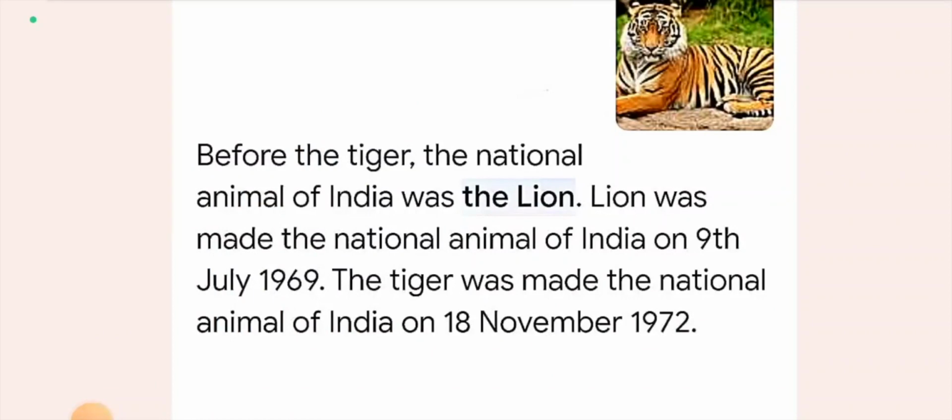The tiger was made the national animal of India on 18th November 1972. So before 1972, lion was the national animal of India, and from 1972 onwards, the Royal Bengal tiger came to be known as the national animal of India.